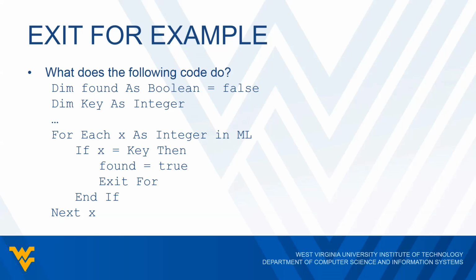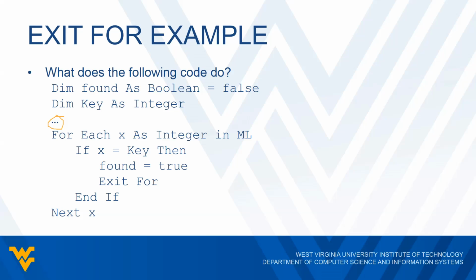So then we have an If-Then statement. We're going to check to see if x equals key. I think we're going to have to assume here that we set key to some value, so maybe that's what's done in the dots right here. We're going to assume that there is some value in key. So we're saying here, if x is key, then we're going to set found to true.